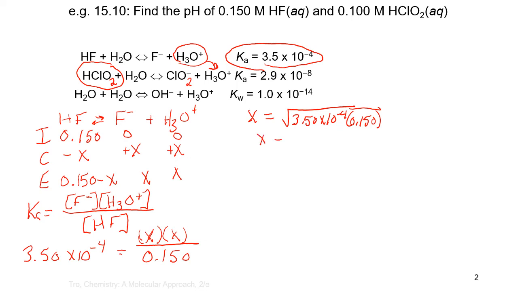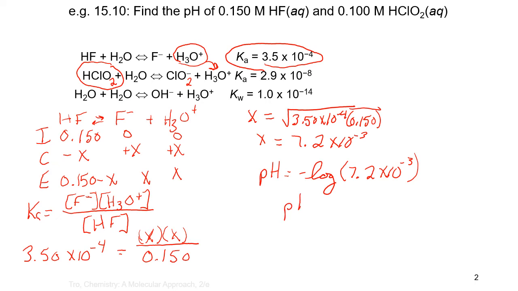So X equals 7.2 times 10 to the negative third. So if we want to find our pH, it's a negative log of that value. So even when we have a mixture, we still are just looking at the strongest of the acids in the mixture.